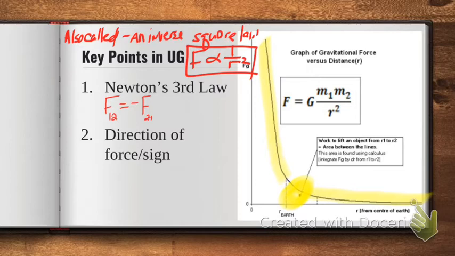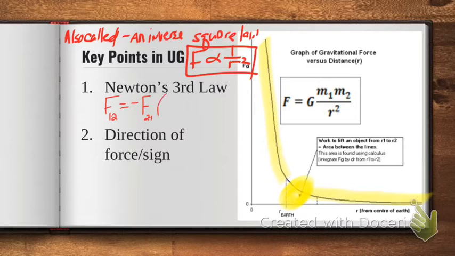Now, an implication of this, just in case you haven't realized it: this is often about really big things, but it's also about the fact that the Earth is pulling on us. Whatever our weight is, we are pulled on by the force of gravity. However much the Earth is pulling on us, I would like to remind you that we are pulling on it with the same amount of force.